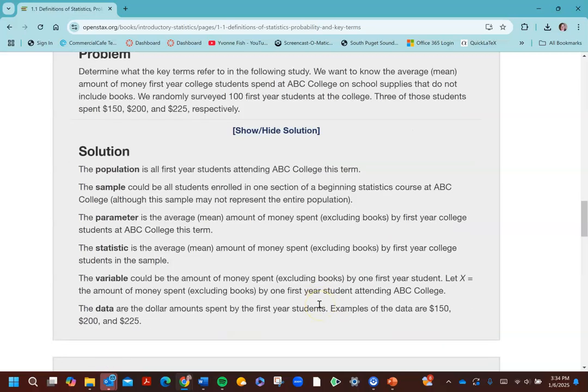That's the whole point of statistics. The statistic that we're looking at is the average for just the sample. Variable would be the money spent, and the data values are the actual specific amounts. So for the variable, we're just saying the general thing, the money spent, and then the data is the actual amounts.